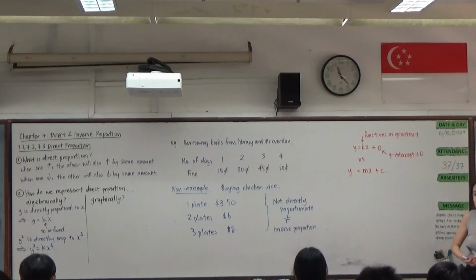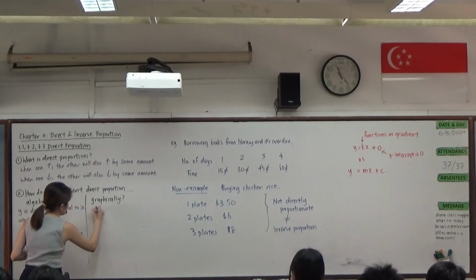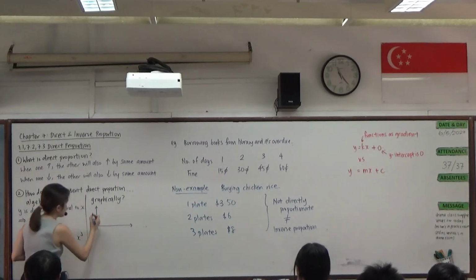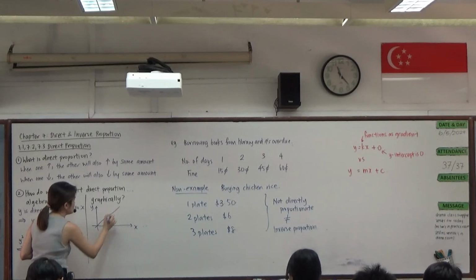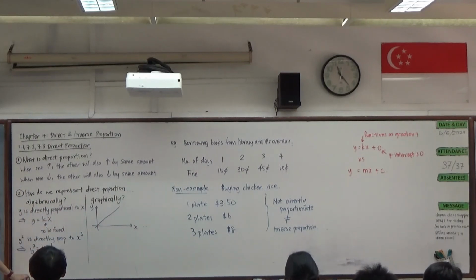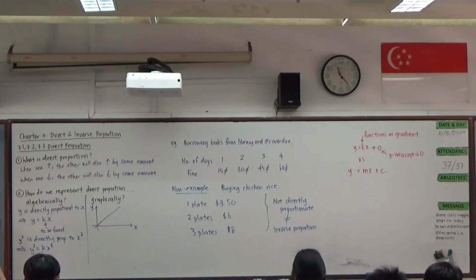When your y-intercept is 0, that means that in the graph sense, I will expect the straight line to pass through the origin, giving a particular gradient. I don't know how steep or how gentle it is. It really depends on the value of k.